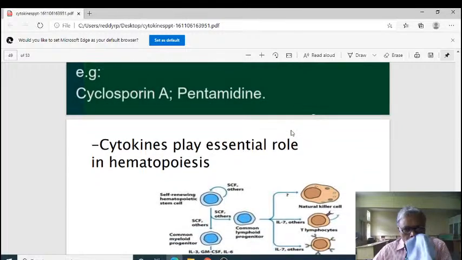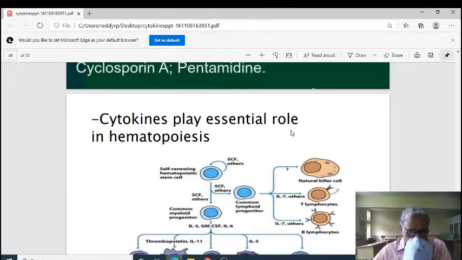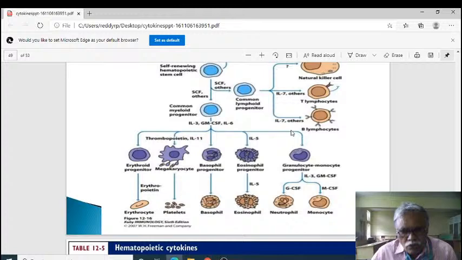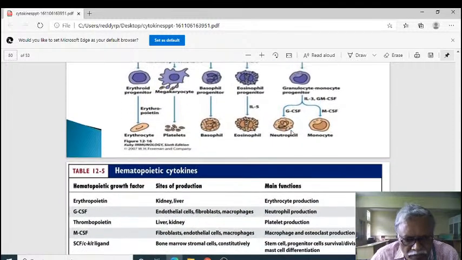Cytokines play an essential role in hemopoiesis also. It helps in producing the RBCs, especially in erythropoiesis.